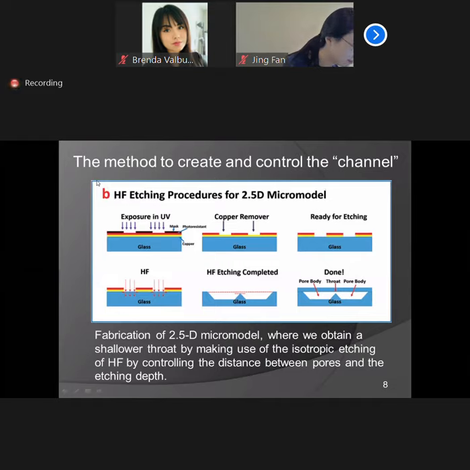So here is the fabrication of 2.5D models. They obtain a shallow flow by making use of isotropic etching of HF, by controlling the distance between the pores and the etching depth. So it can control the etching depth to control the pore depth and the flow depth here.